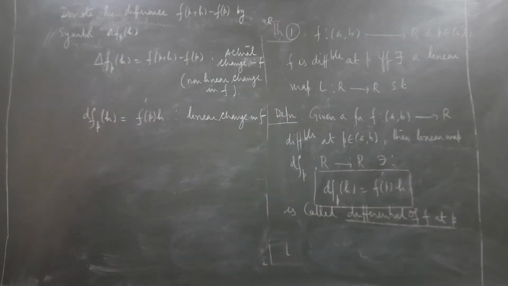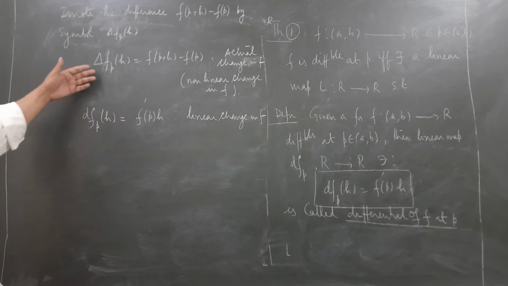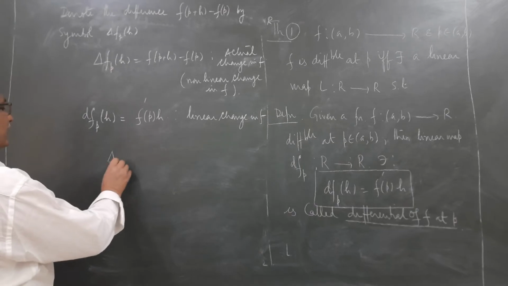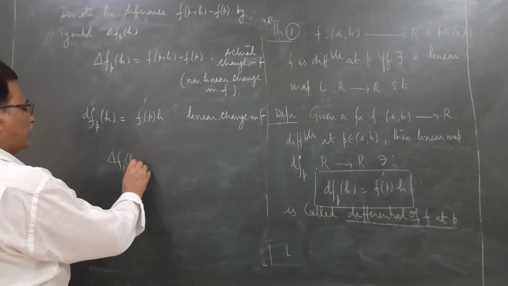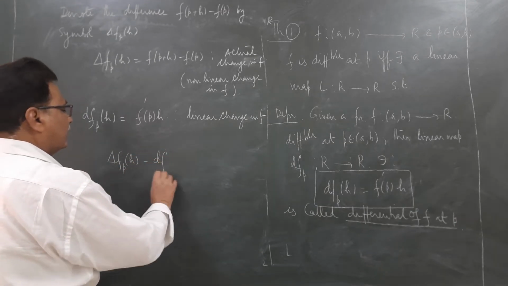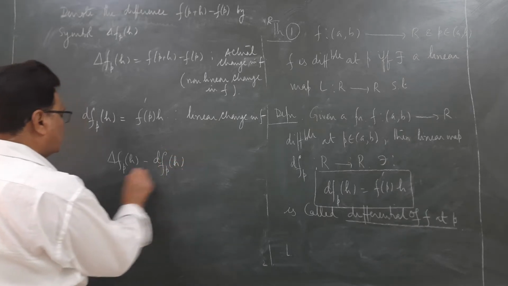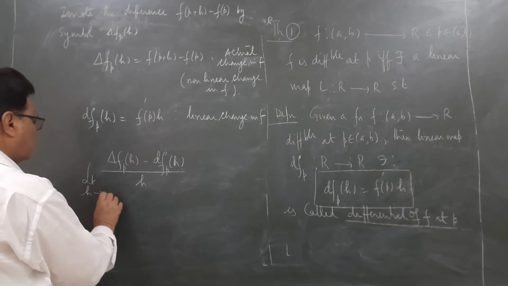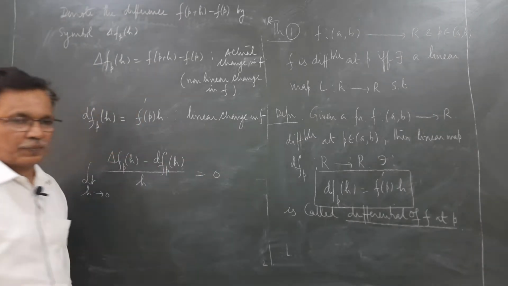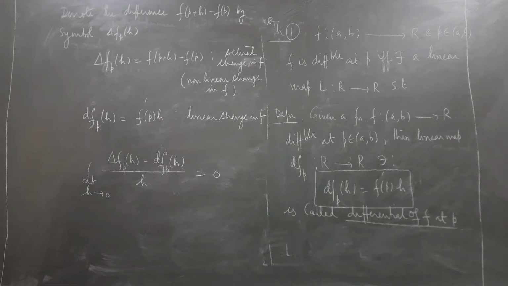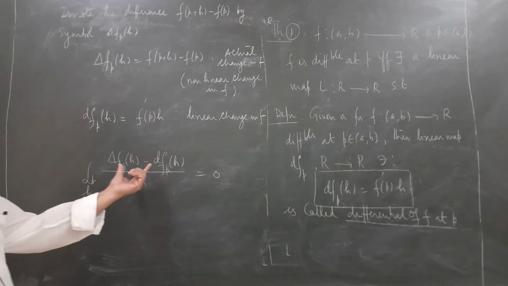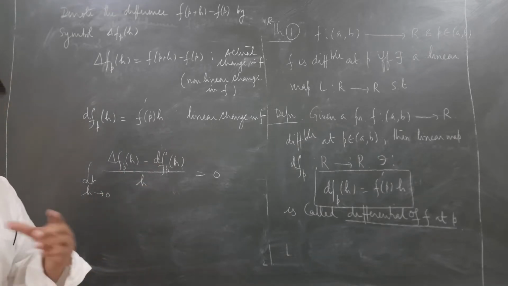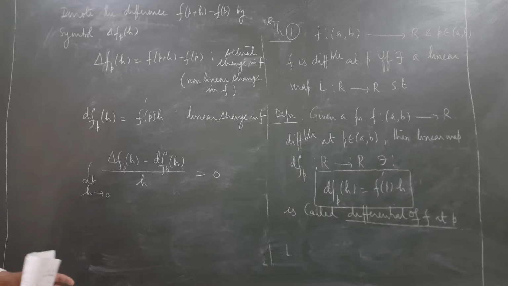So if I use these symbols, then formula star says that the difference between the non-linear change and the linear change, in the limiting case when h goes to 0, is 0. That means the function is differentiable if the difference of the two changes goes to 0 faster than h. This is also a terminology we usually use.